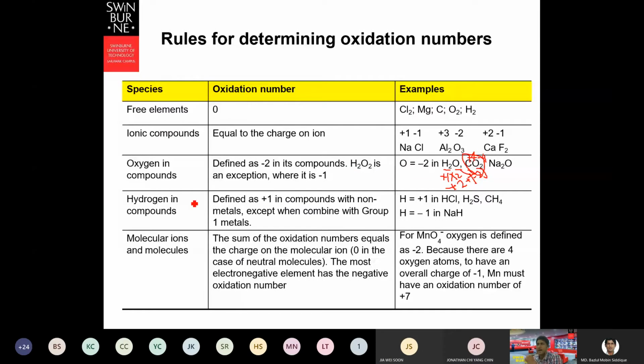Okay, hydrogen, we already said that when there is hydrogen in the system, it's always a positive charge, 1 positive charge. But there are some exceptions when hydrogen is attached to a group 1 element, that is sodium, potassium, lithium, all those. In that case, hydrogen will have a negative charge. That is an exception, just like the oxygen that we were talking about.